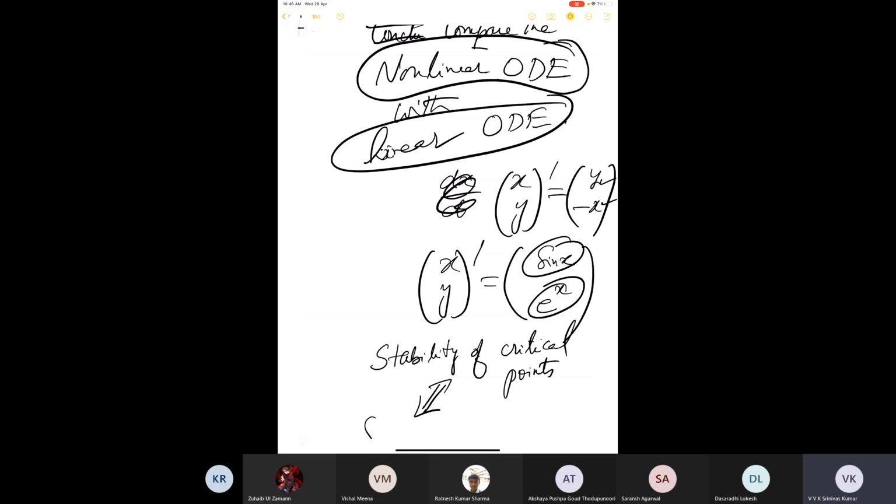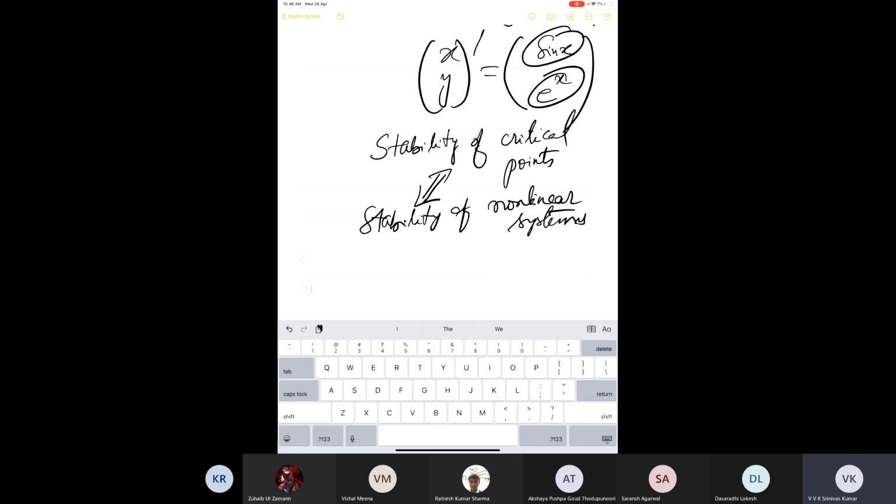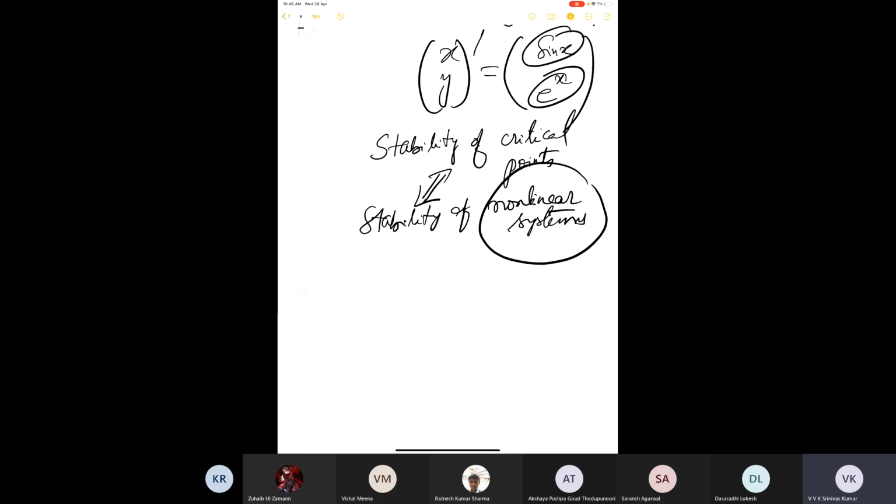Stability of critical points is equivalent to the stability of nonlinear systems of equations of ODEs, and this is also called Lyapunov stability. Stability analysis after this. Okay.